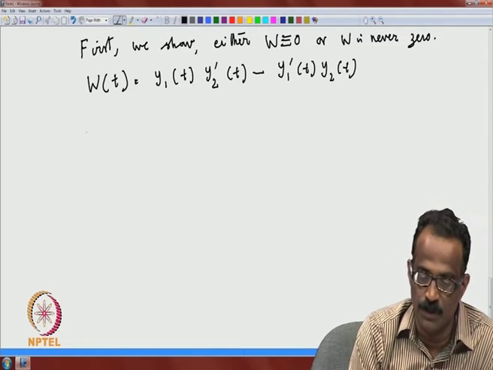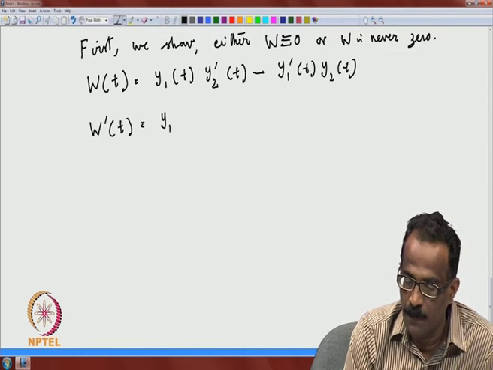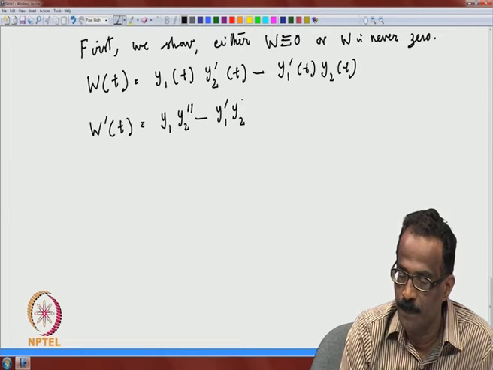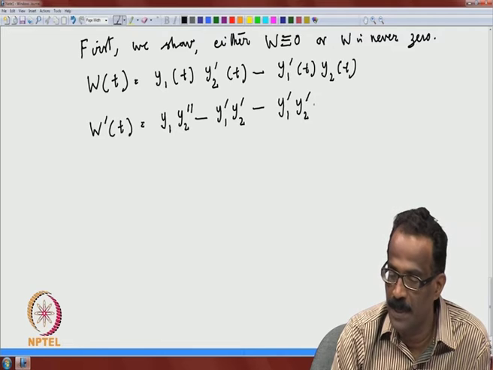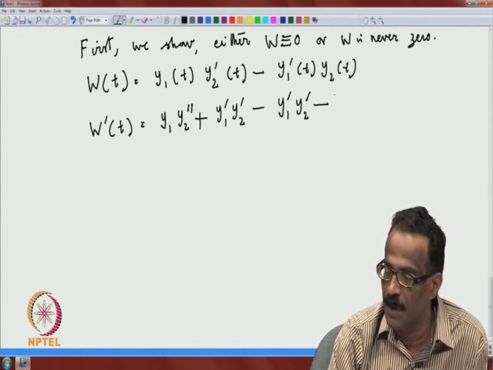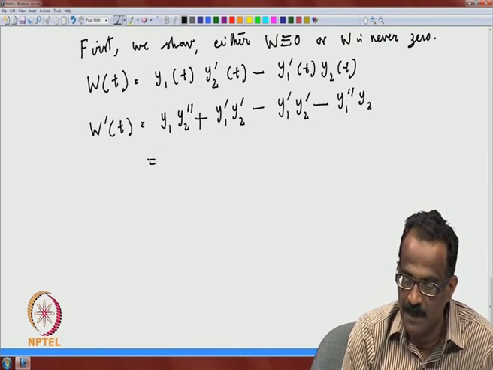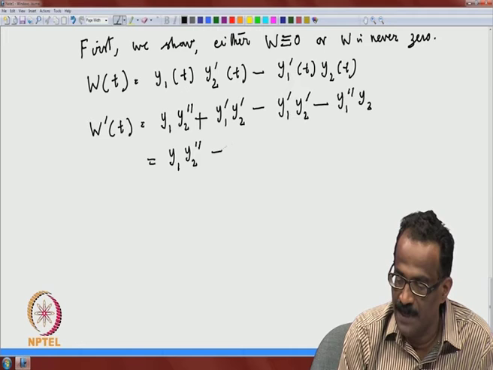You differentiate with respect to t, you get W prime(t) is equal to y1 y2 double prime plus y1 prime y2 prime, minus y1 prime y2 prime minus y1 double prime y2. So, this gets cancelled, and that is nothing but y1 y2 double prime minus y1 double prime y2.